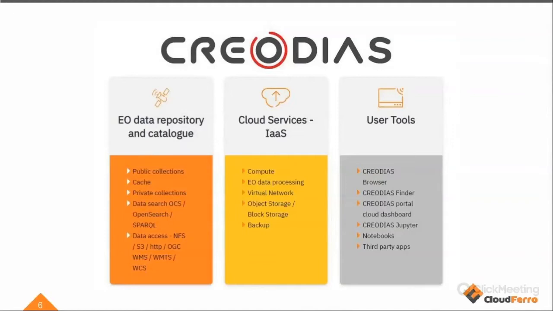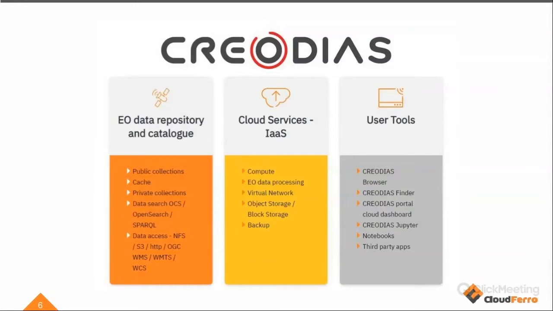And then user tools. When you enter the website creodias.eu, you can access our tools, which are CREODIAS Finder and CREODIAS Browser. Those are the tools helping you to search for the datasets and to download them locally. Then from the CREODIAS website, you can also access the CREODIAS portal, actually the cloud dashboard, where you can create your virtual environment.